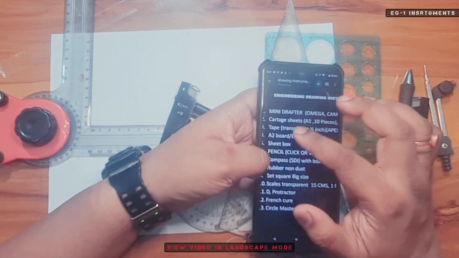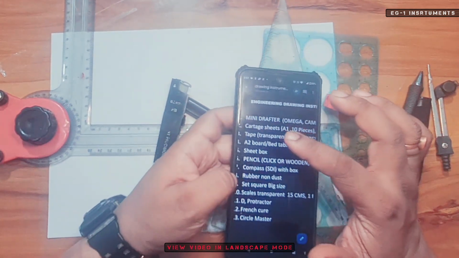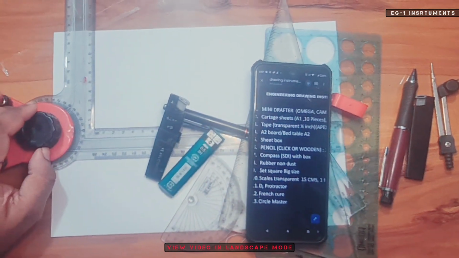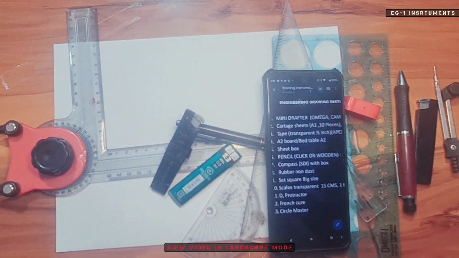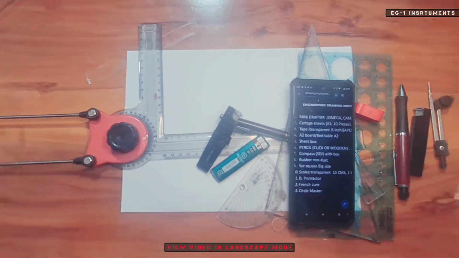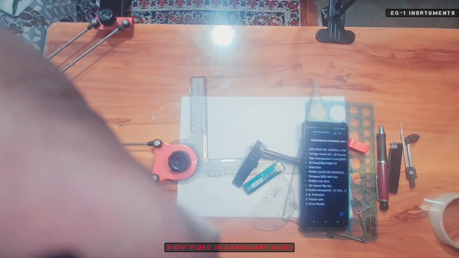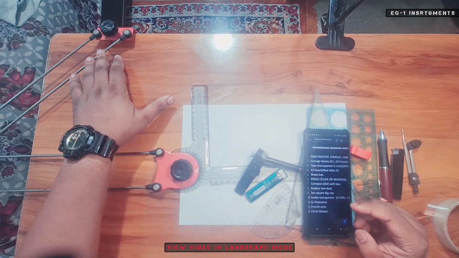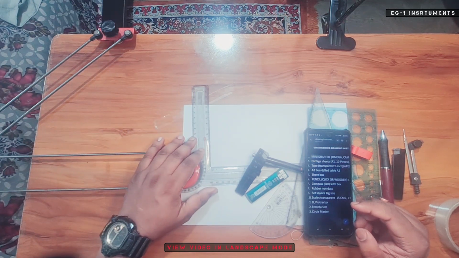First of all, the instrument is the mini drafter. You see, this instrument is fixed at one point and you can control its movement from this end and this end.